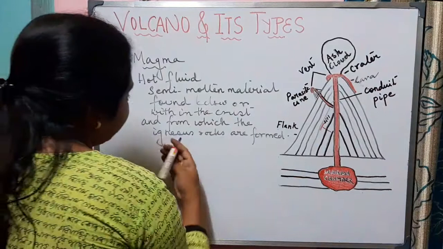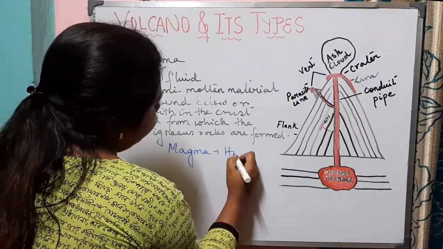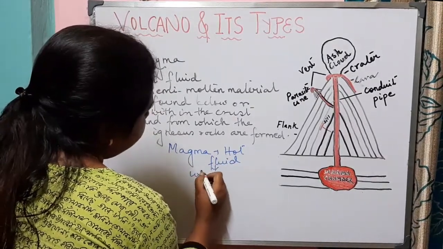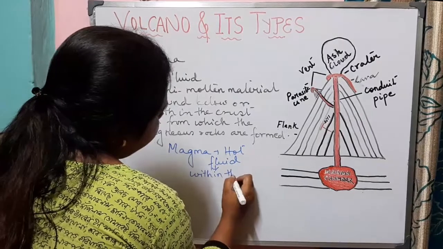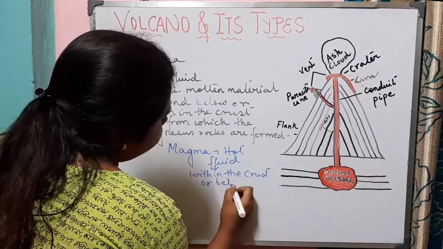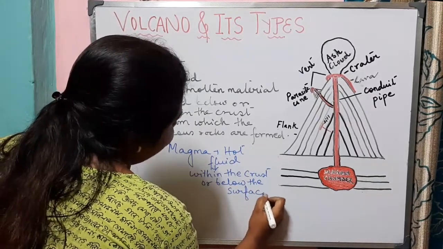So what is a magma? A magma is the hot fluid which is there within the crust or below the surface. And what is lava?